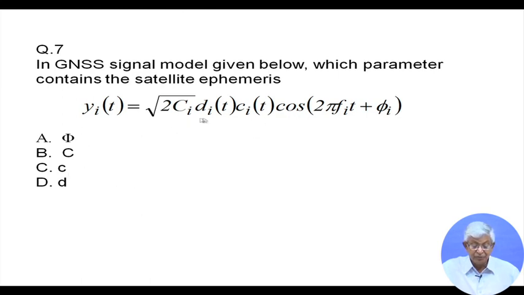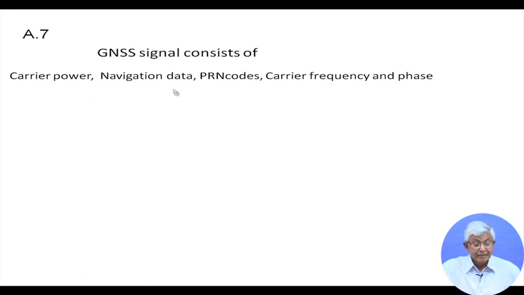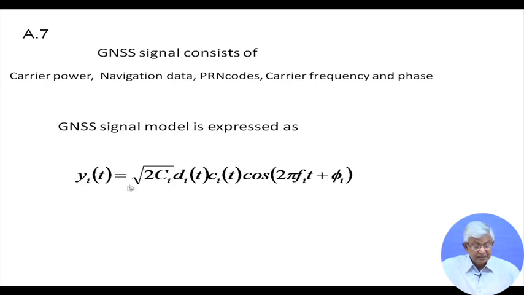So, let us try to understand what this is. The GNSS signal consists of carrier power, navigation data, PRN codes, carrier frequency and carrier phase. And the GNSS signal model is expressed as the same expression written here. In this, the carrier power is represented by the capital C and navigation data is represented by small d.